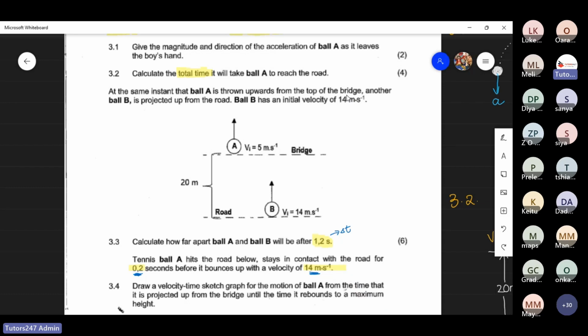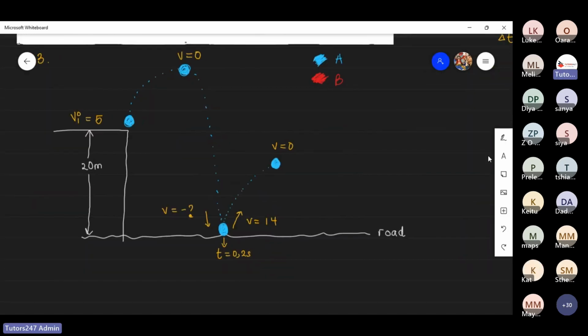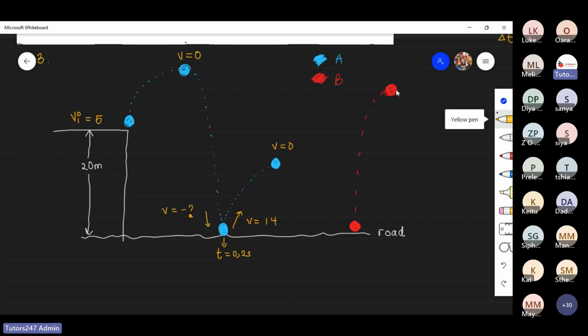So let us draw the motion of ball B. We've got ball B that we'll do in red. Ball B traveled up, and at some point reached a maximum height. I'll stop my drawing there. Keep in mind, when you reach maximum height, the velocity is 0. Ball B was initially thrown with a velocity of 14 meters per second.